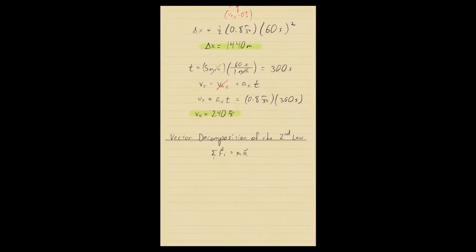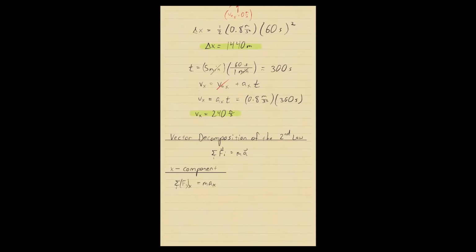So for the x component version of Newton's second law, we have that the sum of the forces in the x direction is going to be equal to the mass times the net acceleration of our object in the x direction.